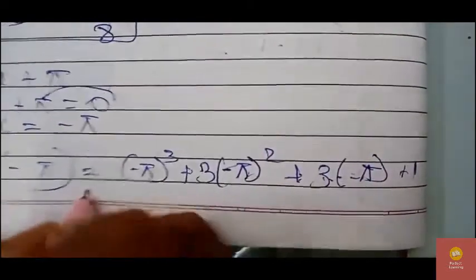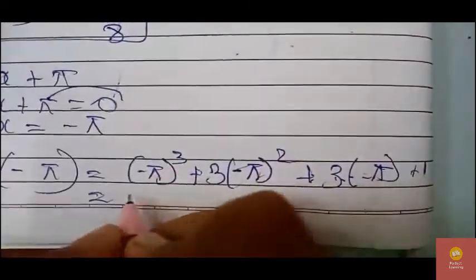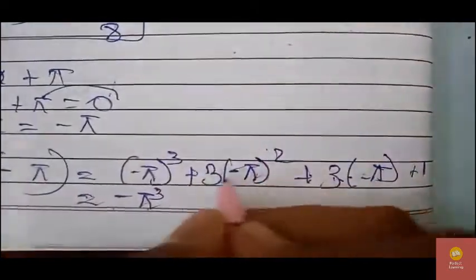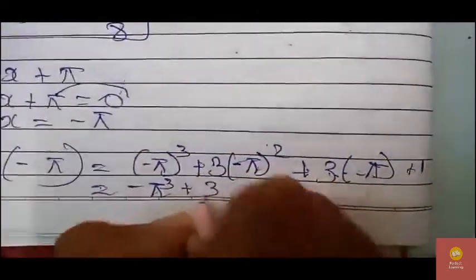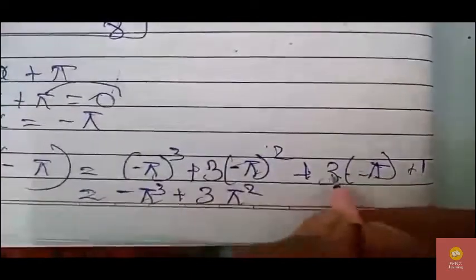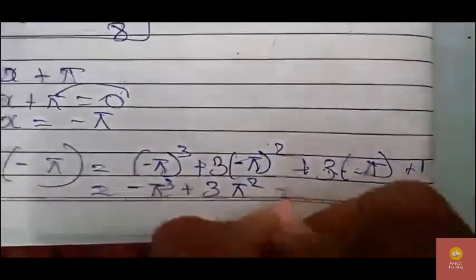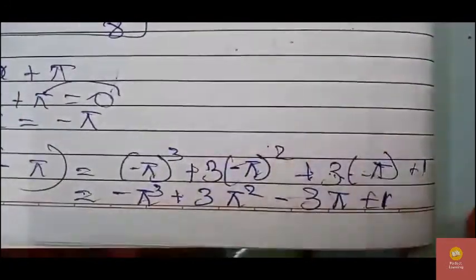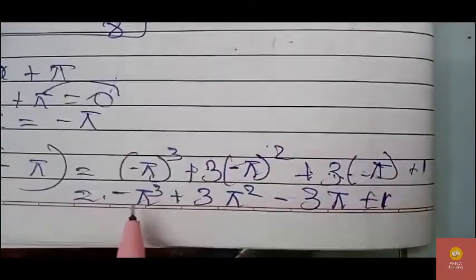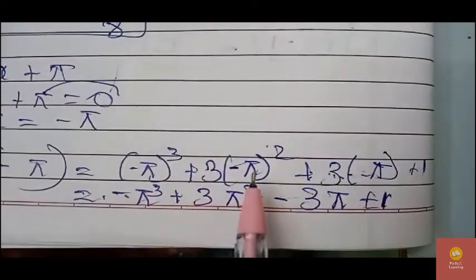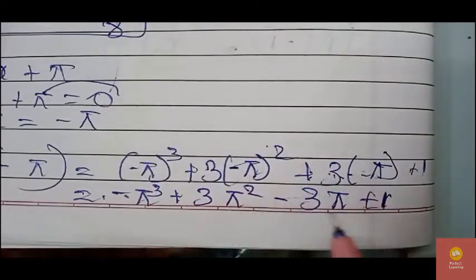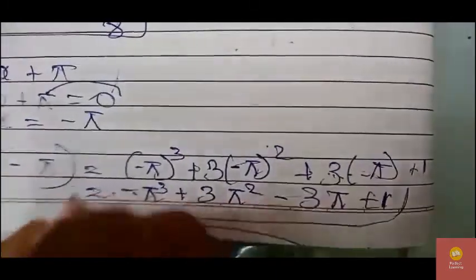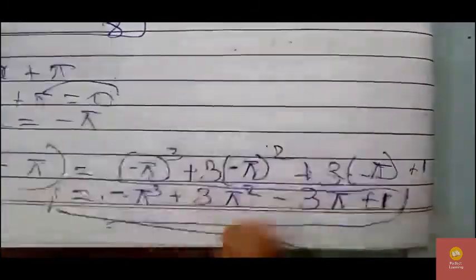The next step: minus pi cube is minus pi cube, minus pi square is pi square, and the final answer is 3 pi square, and plus 3 into minus pi is minus 3 pi, and finally plus 1. Okay, what we got: minus pi cube plus 3 pi square minus 3 pi plus 1. This is the remainder.